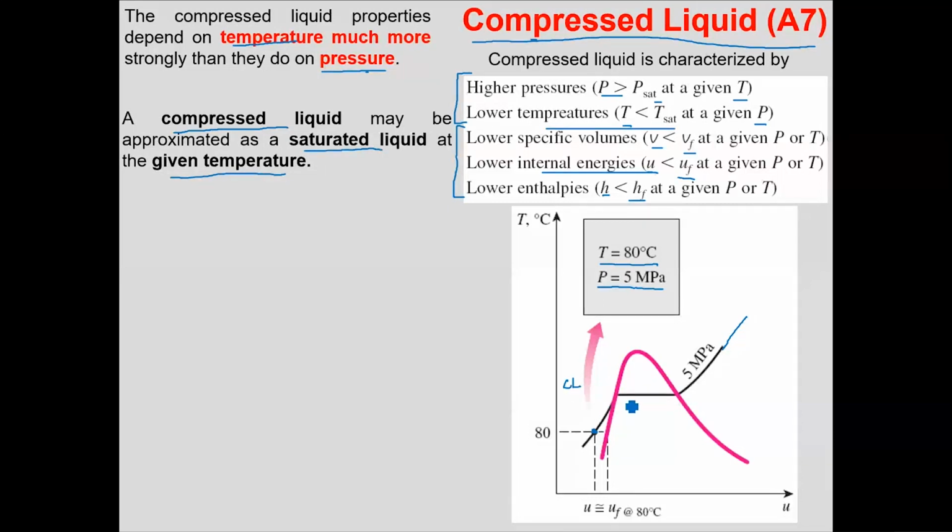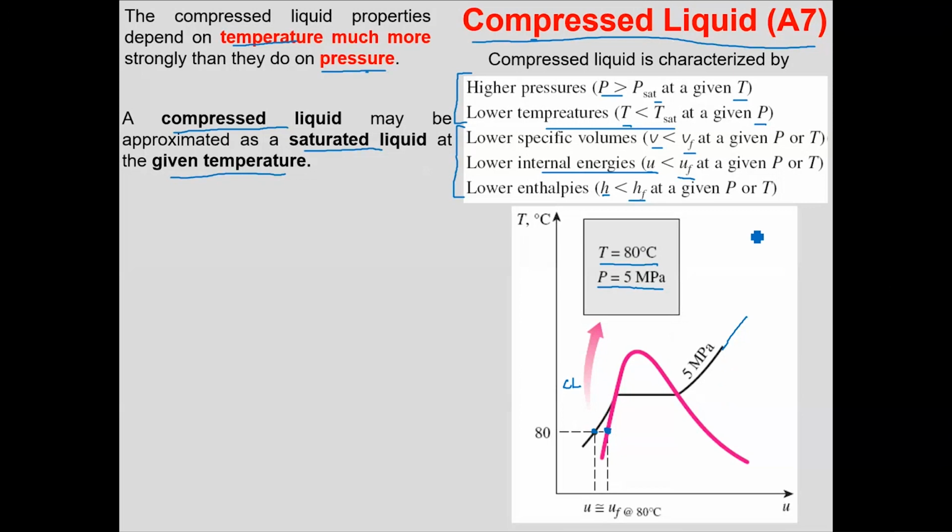Now, if I go to table A7, I don't find the data for 5 megapascal. What should I do? I don't have the tabulated data for that. I would use an approximation and shift this point to the saturated liquid point at 80 degrees centigrade.